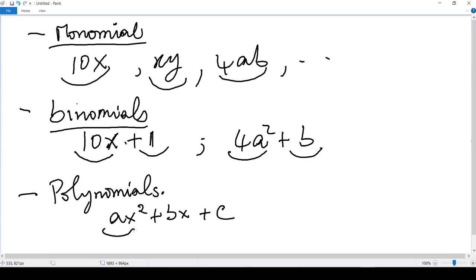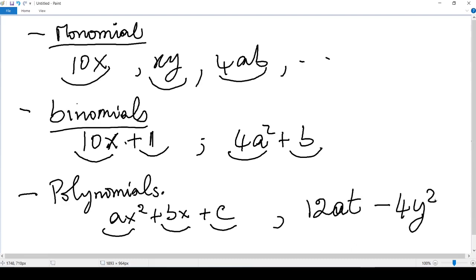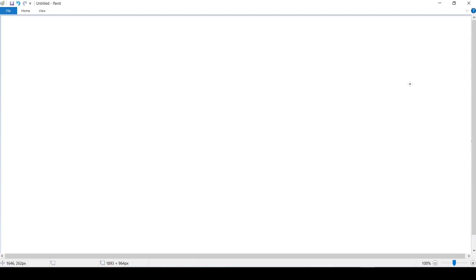Here I have 1, 2, 3 terms separated by addition. I can also have 12ab minus 4y squared. First term, second term, right? So these are polynomials.